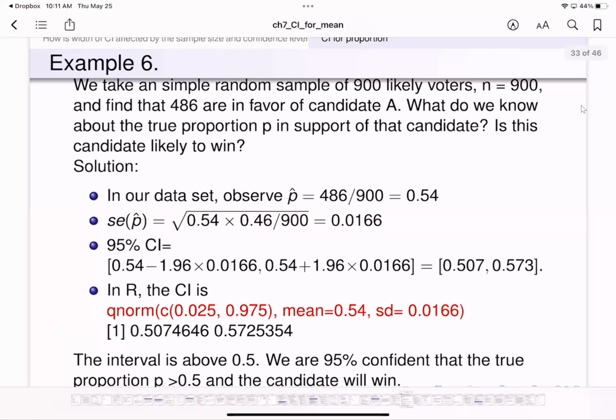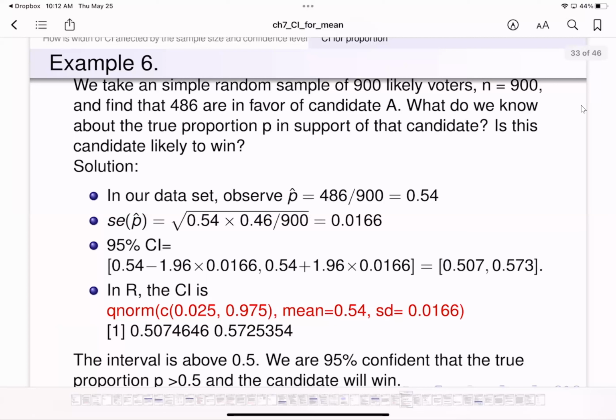When the sample proportion is close to 0.5, we know that the distribution is pretty symmetric. Therefore, it does not need a very large n in order for this normal approximation to work well. So in this case, we'll proceed with the large sample confidence interval.